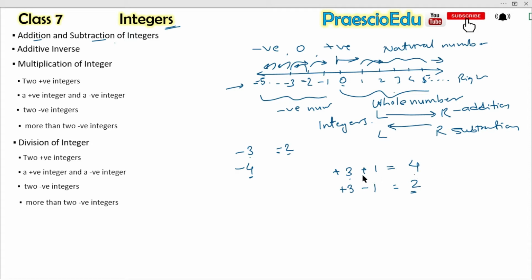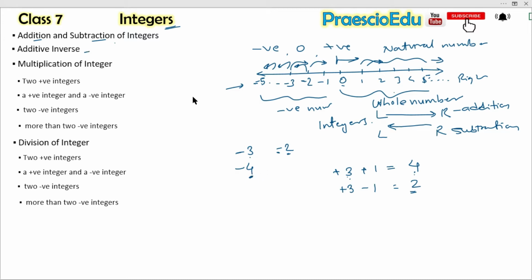I am again repeating, for plus 3 the successor will be 4 and the predecessor is 2, but for negative 3 the successor will be minus 2 and the predecessor will be minus 4.